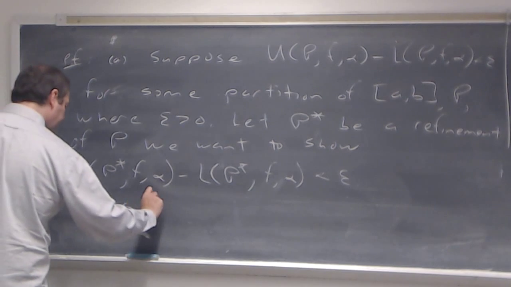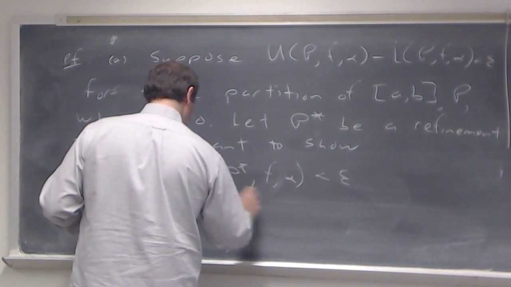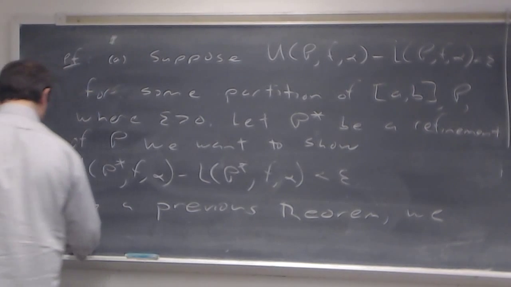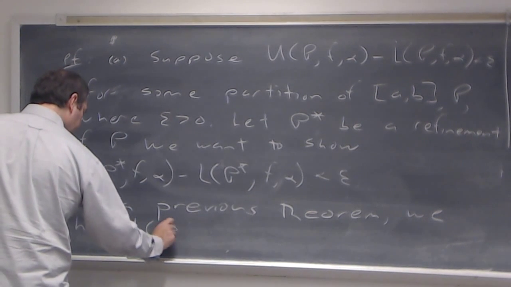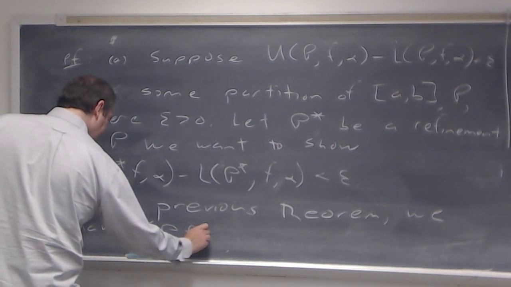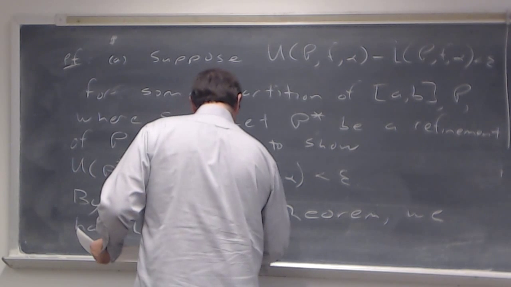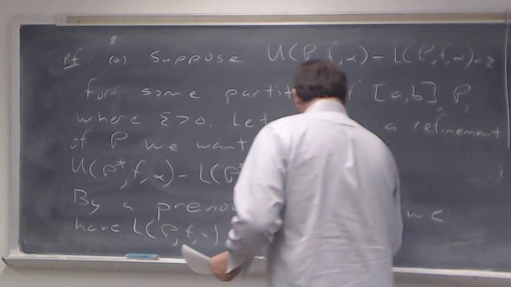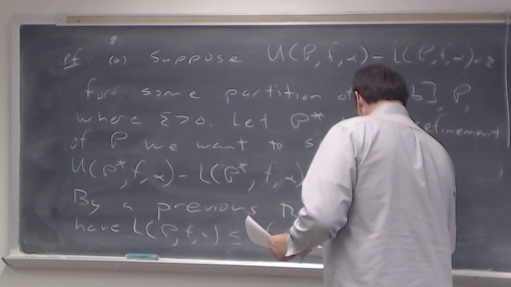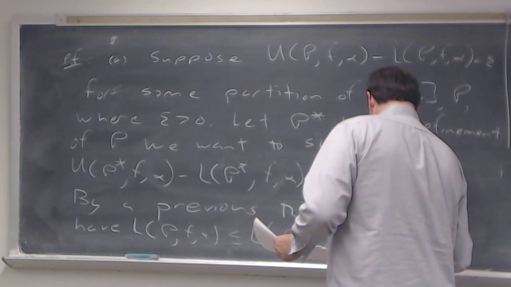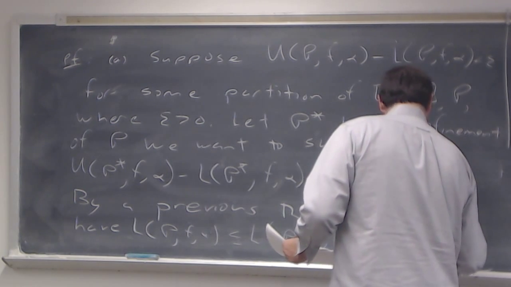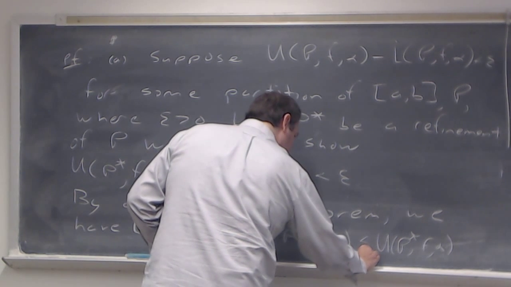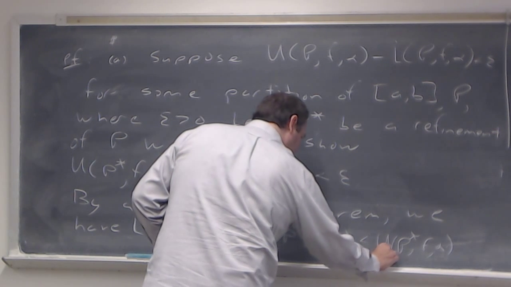By a previous theorem, we have that the lower sum with P, f, and alpha is less than or equal to the lower sum with the refinement, f and alpha, and that's going to be less than or equal to the upper sum with the refinement, f and alpha, which is less than or equal to the upper sum with P, f, and alpha.